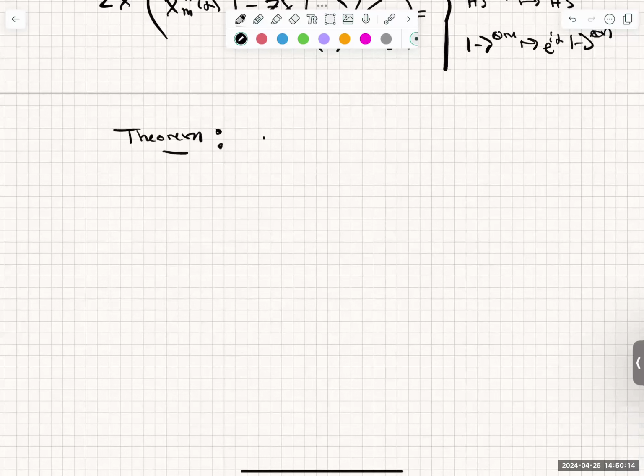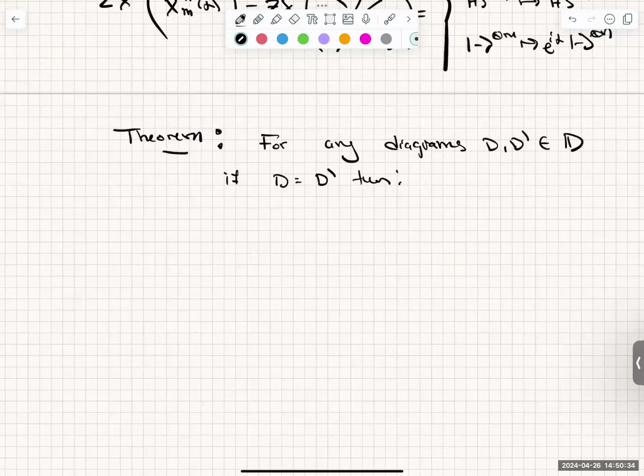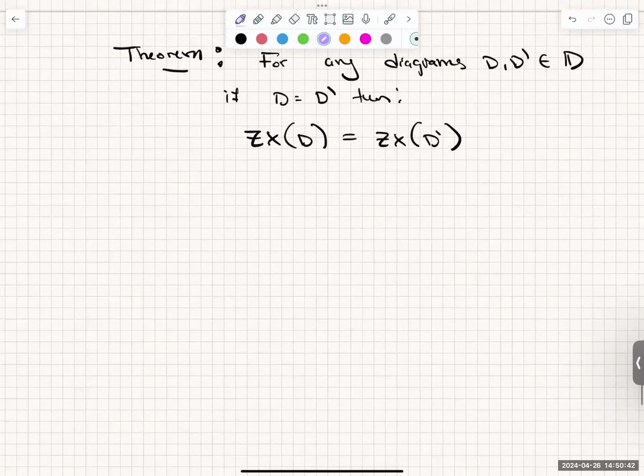So there's this theorem that for any diagrams D, D prime in D, if D equals D prime, then ZX of D equals ZX of D prime. Now this is apparently called soundness. So people will say in the jargon that ZX is sound.